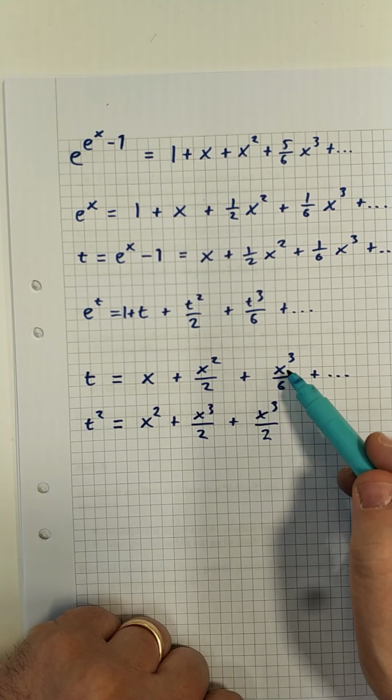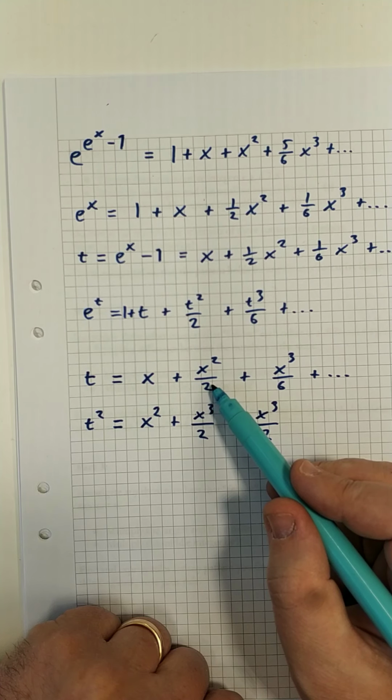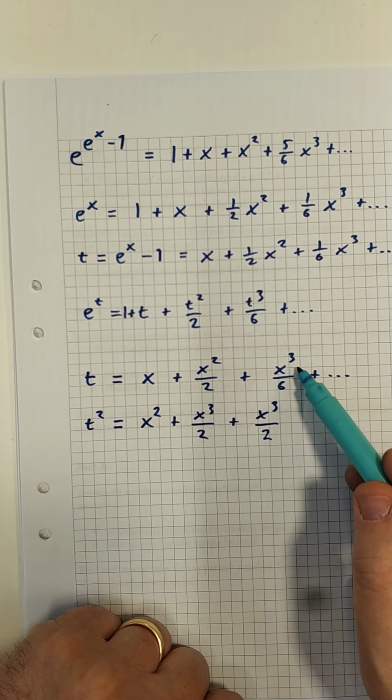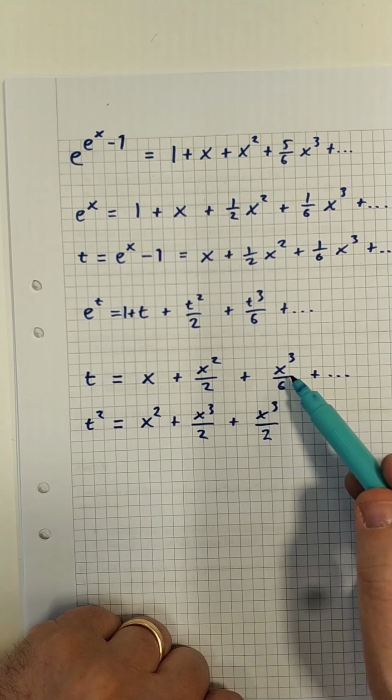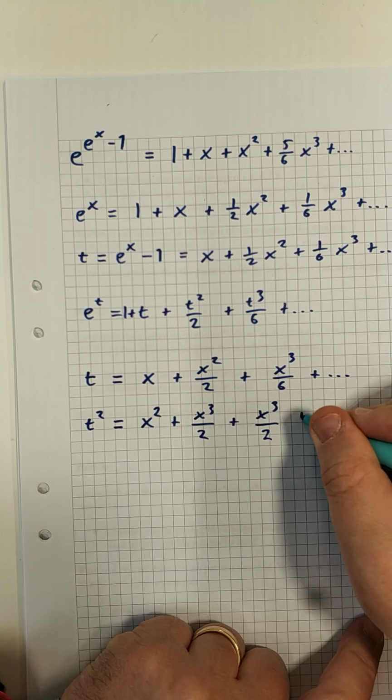And I see that taking this term times anything of higher order will give me x to the 4 or higher, so I ignore that. This term, the x cubed term, can't be multiplied by any of the other terms without giving too high order, so I'll stop there.